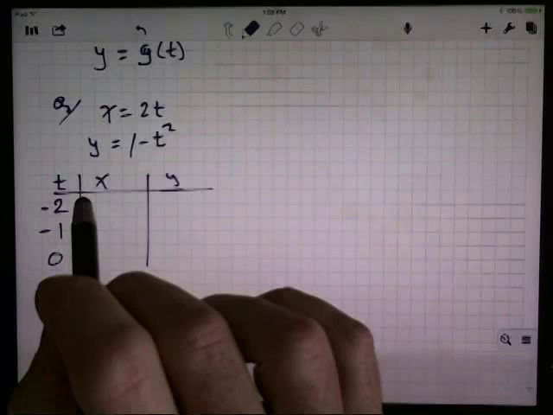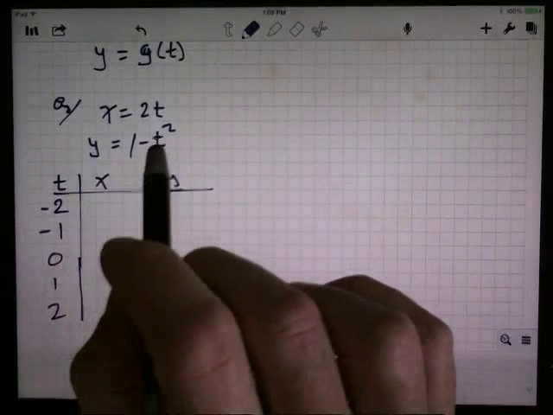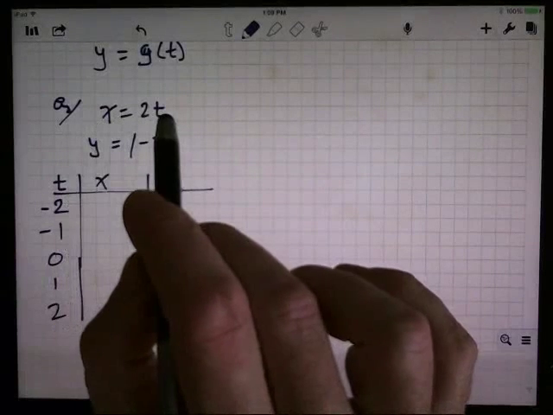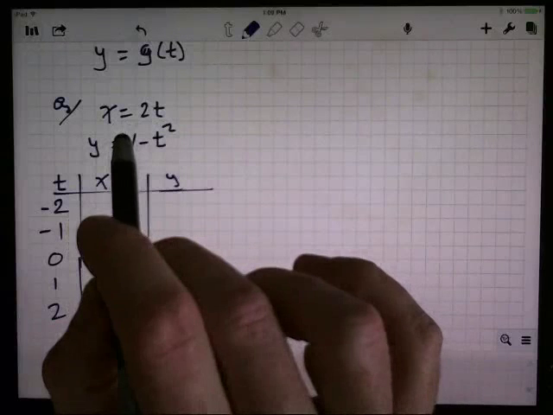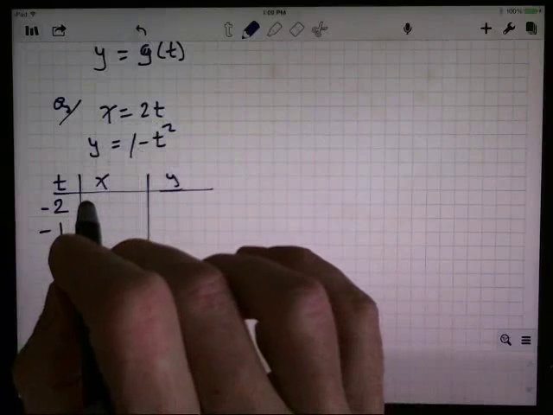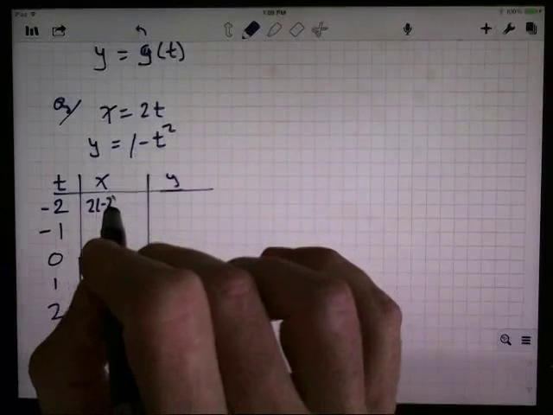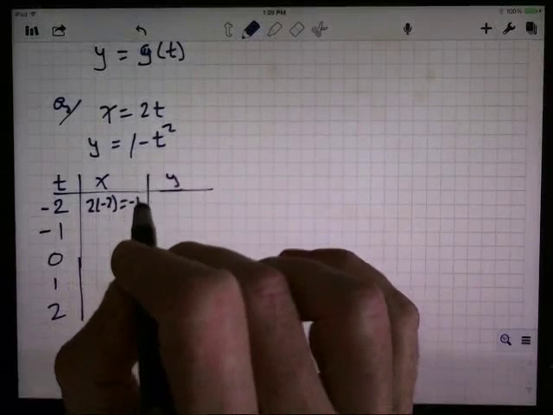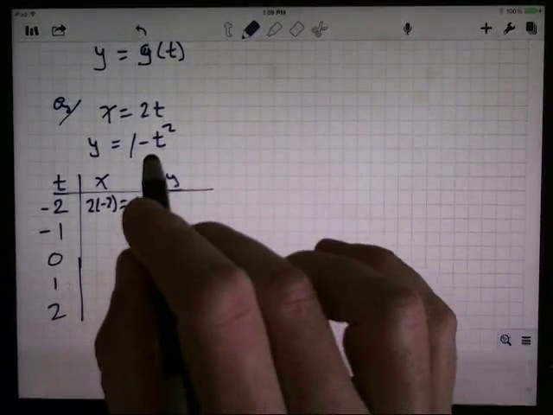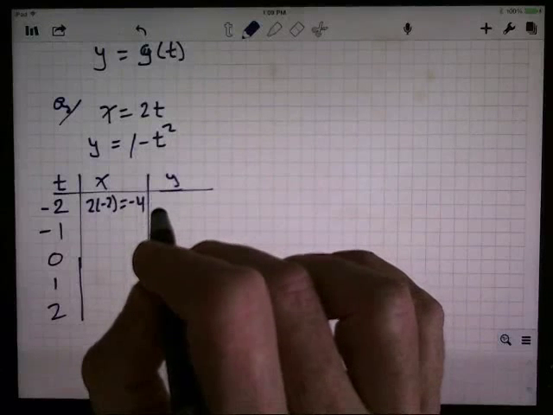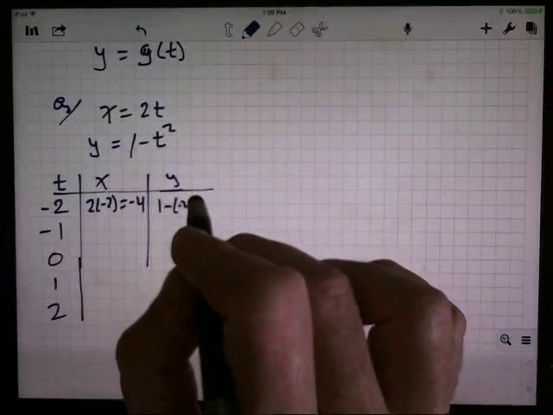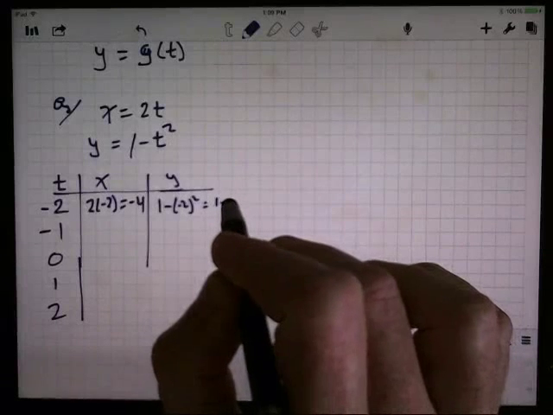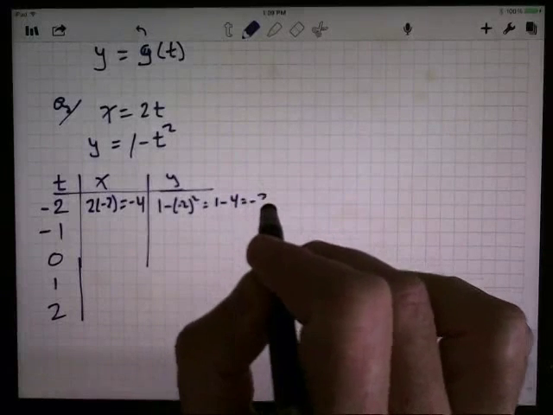So this is the way we go. I'm going to calculate an x value using the equation that relates x and t. So x is equal to 2 times t. So this should be 2 times -2, which is -4. The y value then I'll calculate as 1 minus -2 squared, and that's 1 minus 4, so this is -3.